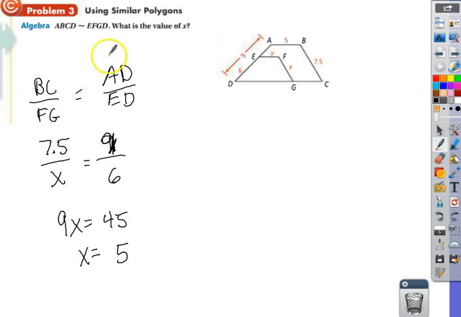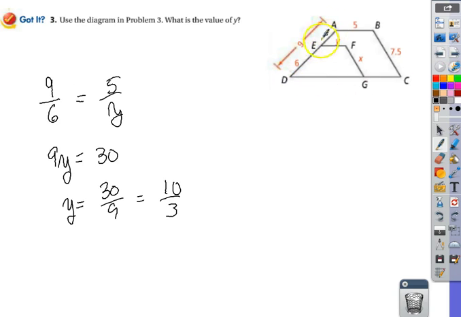Okay, because over here it listed the A, B, C, D one first, so I put it in the top. So the big one, the number goes in the top, and then the little one, the number goes in the bottom. So when I'm setting up this one, I put the big one in the top and the little one in the bottom. That's the 9 over 6. And then it should be proportional to these two corresponding sides.